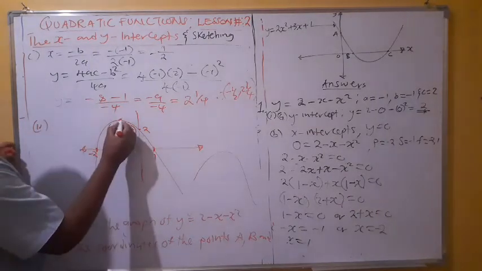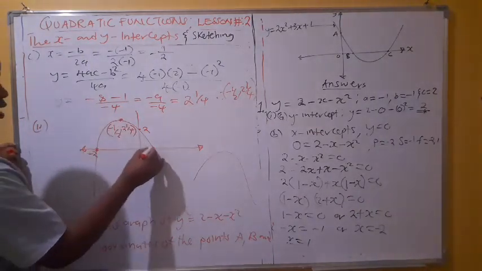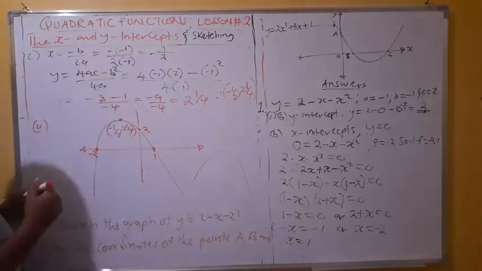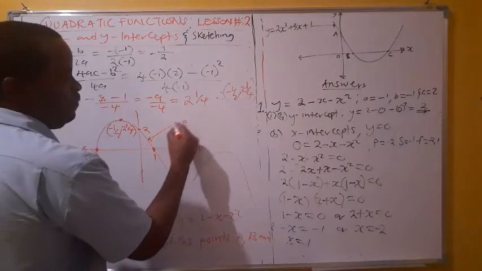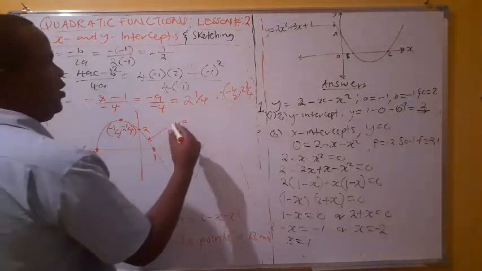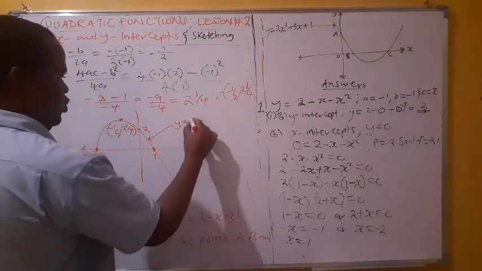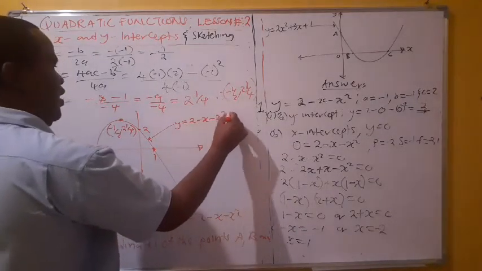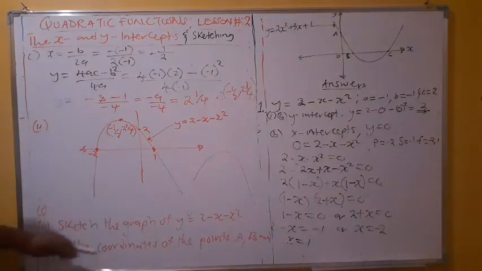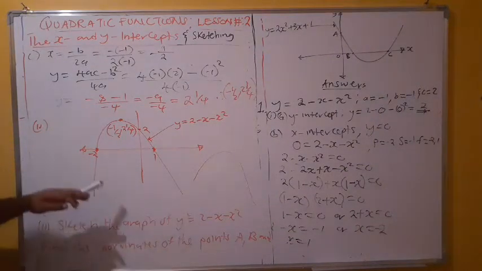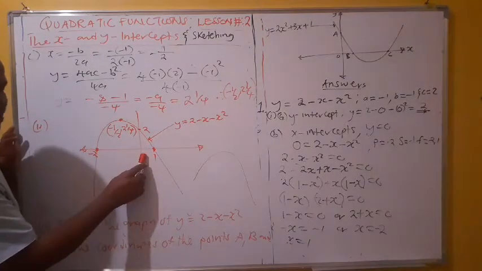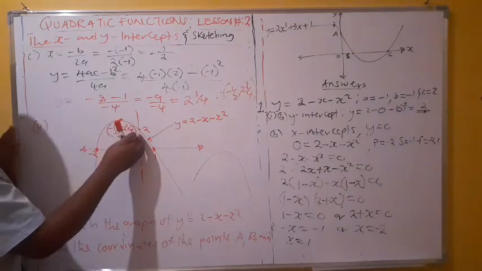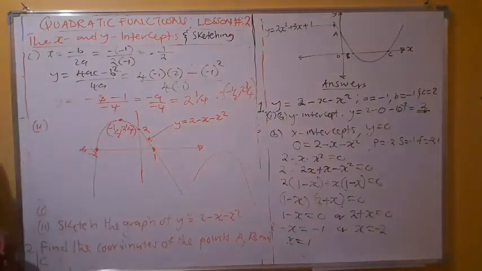So you just put these dots as coordinates, then connect. When you are done, don't forget to name that this is y equals 2 minus x squared. That's how you plot. So if you are to plot, get the x-intercepts, the y-intercept, as well as the turning point. I hope that is clear.